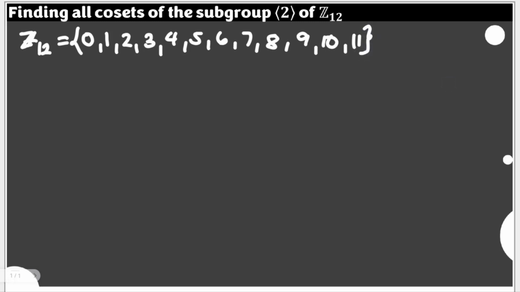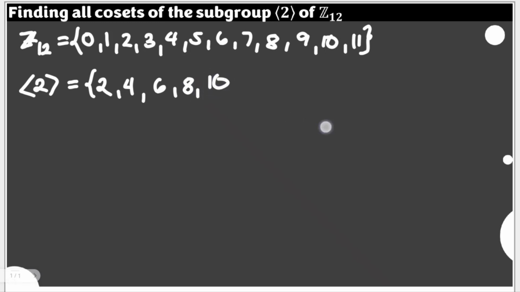We are asked to find the cosets of the subgroup generated by 2. So let's determine the subgroup generated by 2. We will start with, of course, 2. Since we are talking about addition modulo 12, 2 plus 2 is 4. 4 plus 2 is 6. 6 plus 2 is 8. 8 plus 2 is 10. 10 plus 2 is 12, that's actually 0 modulo 12.